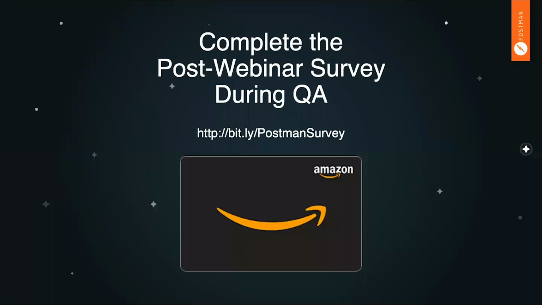So I'm going to keep scanning down. Is there sync at the page level or collection level? No, there's no sync for collections right now. From what I've heard, that's on the roadmap.